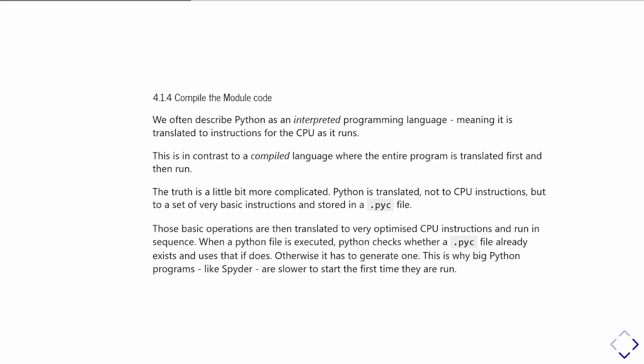After that, Python doesn't have to do that again. It can just go straight ahead and run the code. So the first thing that happens after Python has found your module file is it converts it into a .pyc and builds up the list of instructions.